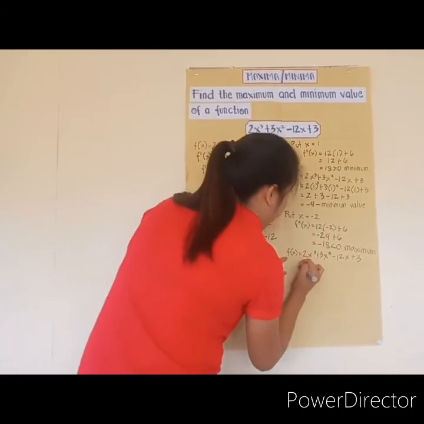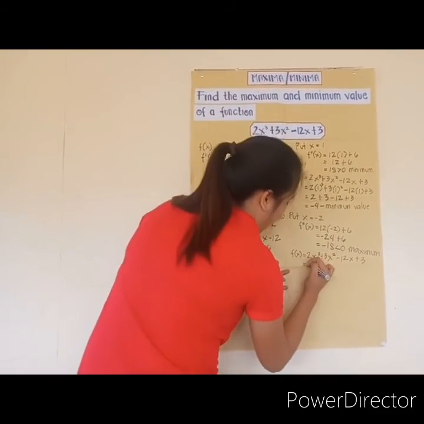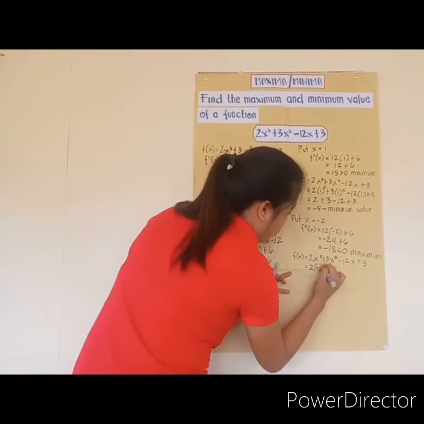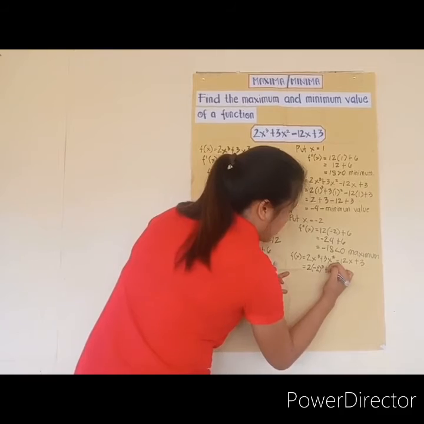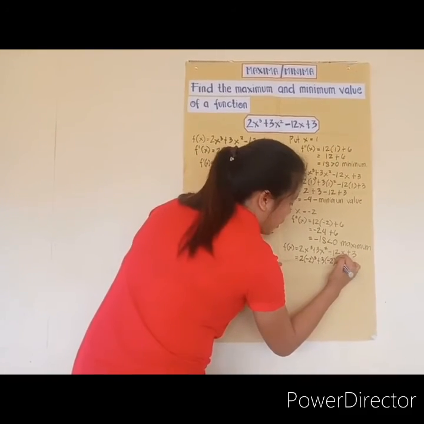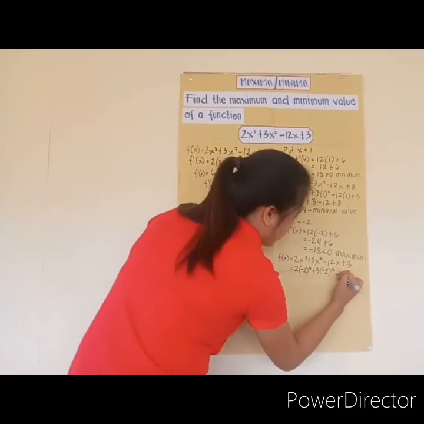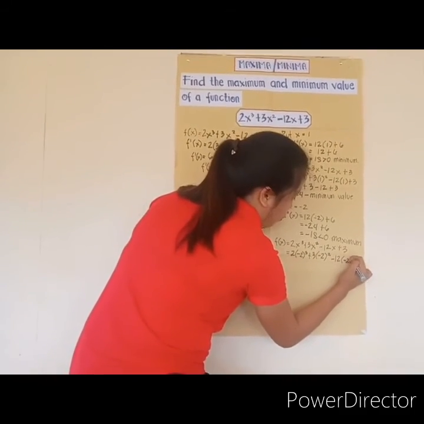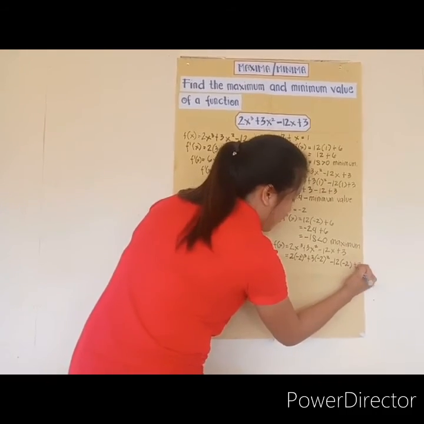And let's substitute negative 2 for our x. So 2 times negative 2 cubed plus 3 times negative 2 squared minus 12 times negative 2 plus 3.